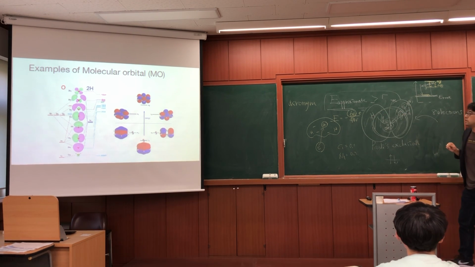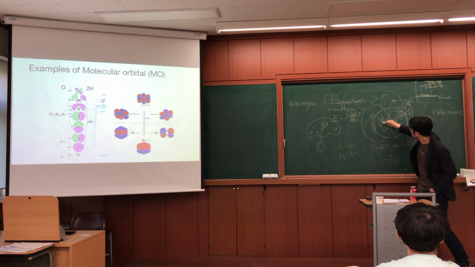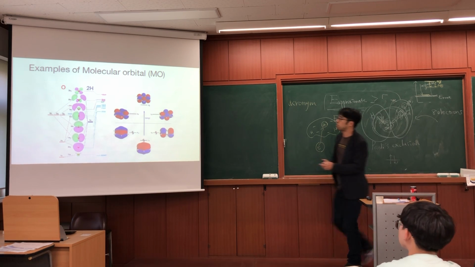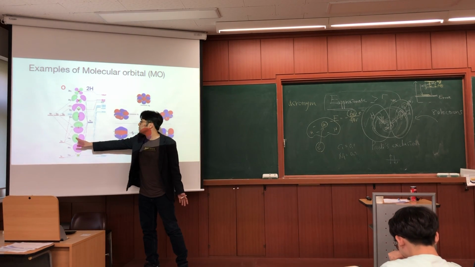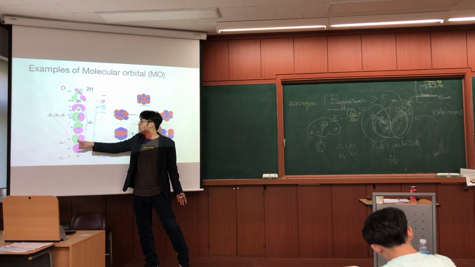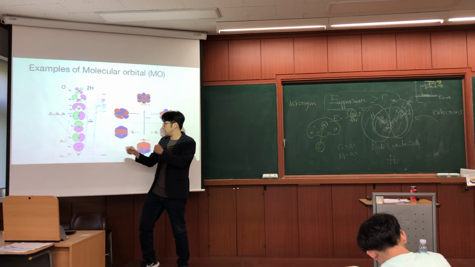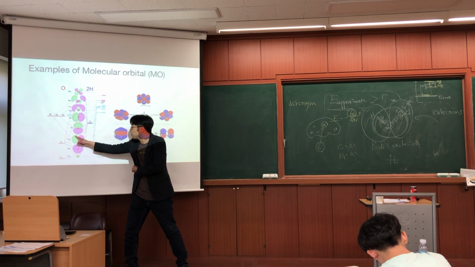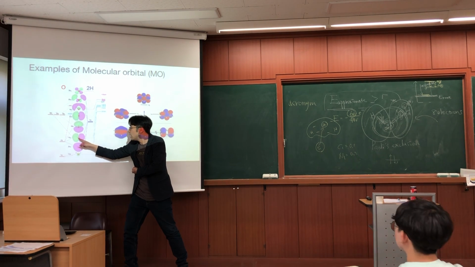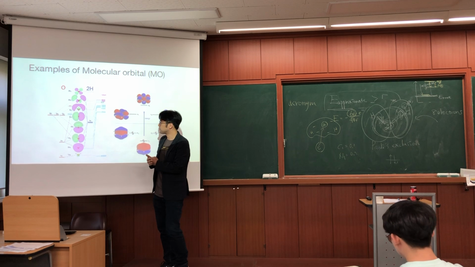So if you take a look at this, it means that electrons are placed between oxygen and this hydrogen. So the electrons in this orbital are kind of helping the oxygen and hydrogens bond together, right? So these electrons are playing in between oxygen and hydrogen.